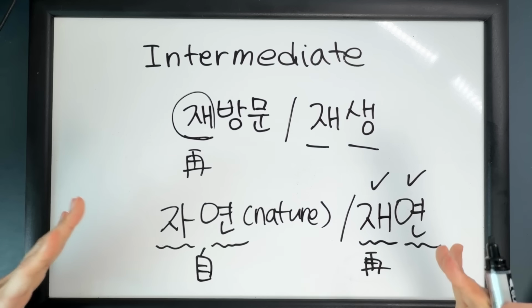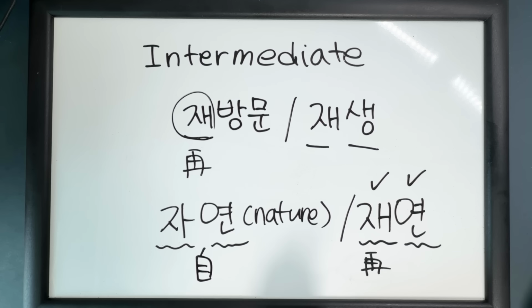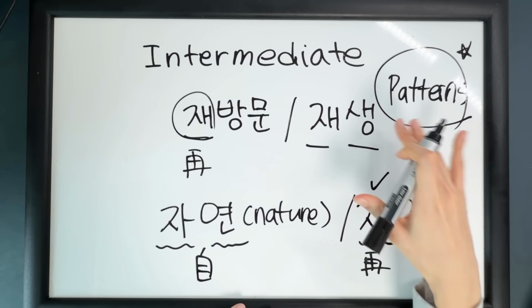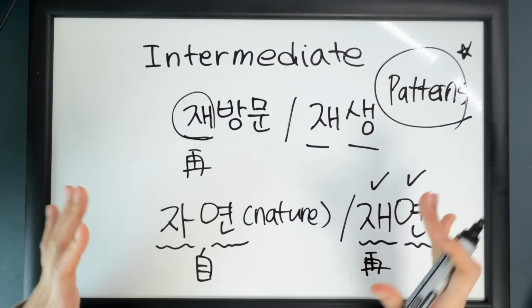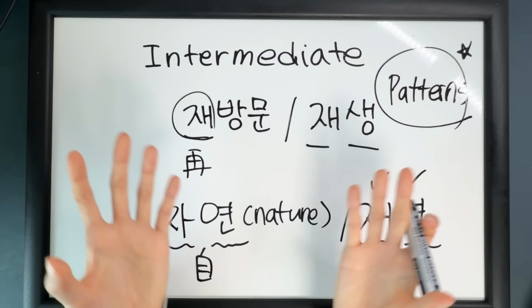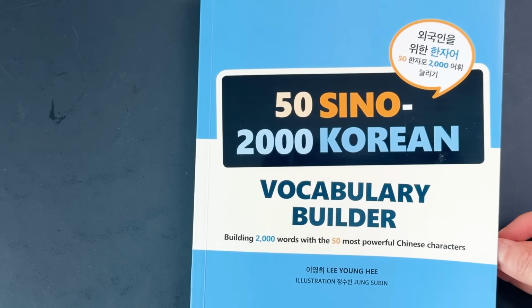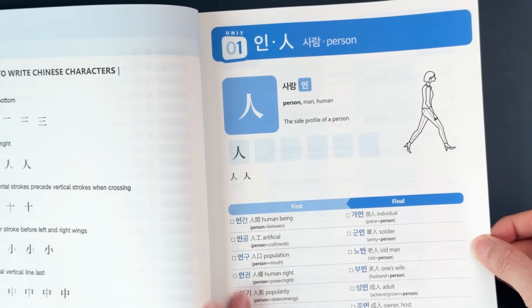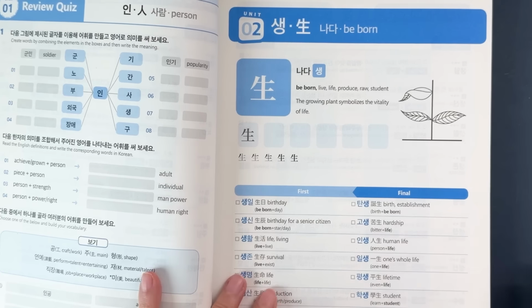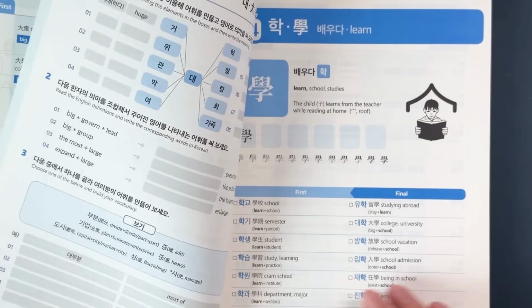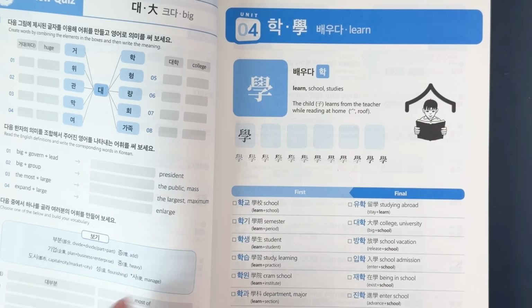And over time, with accumulated Hanja knowledge like this, you'll start to notice patterns, and words that once felt random will begin to connect through shared roots and meanings. So how you can study Hanja is you don't necessarily need to memorize how to write each Chinese character perfectly. Just being able to recognize the Korean reading of a certain character and its core meaning is enough.